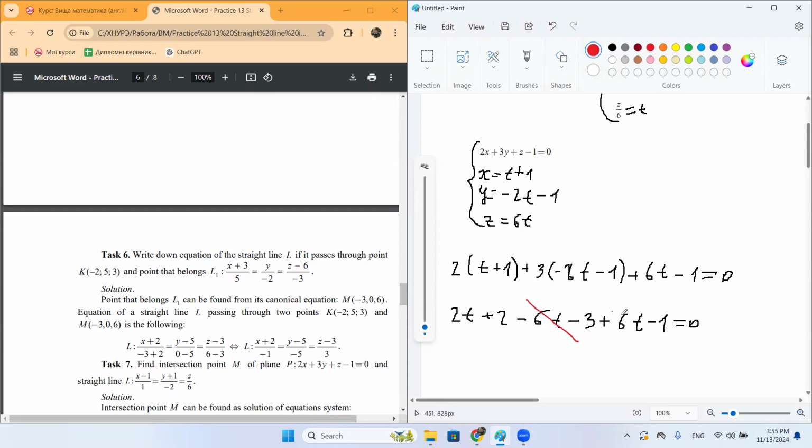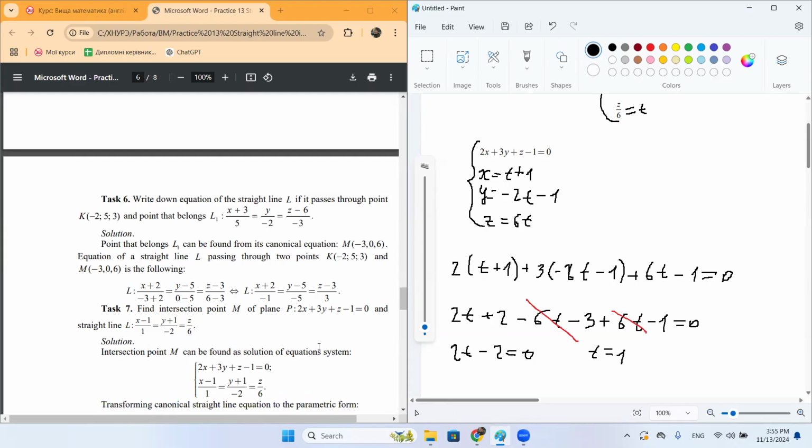So reducing, eliminating 6t, what we have is 2t minus 1 minus 2. So 2t minus 2 equals 0. So t equals 1. Yeah, let me check.